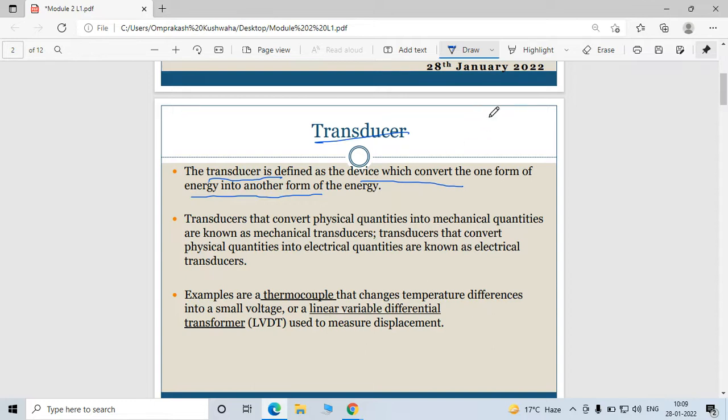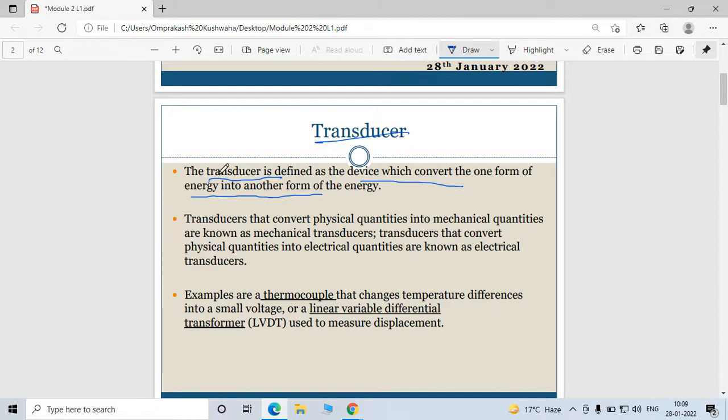Now in a transducer, if you want to measure non-electrical inputs in terms of an electrical output, then in that case we go through a transducer. Sometimes a transducer converts one form of mechanical input to another form of mechanical input or electrical input, but the majority of times we convert a mechanical input to an electrical output.